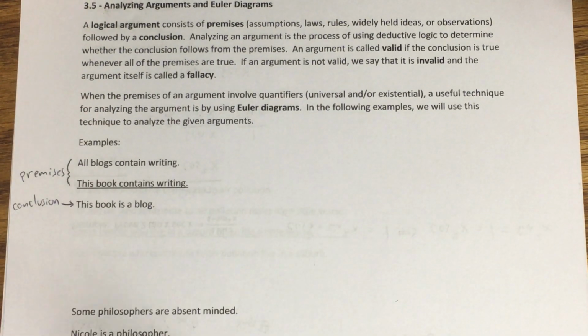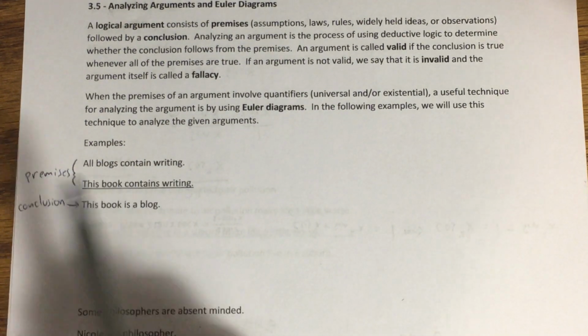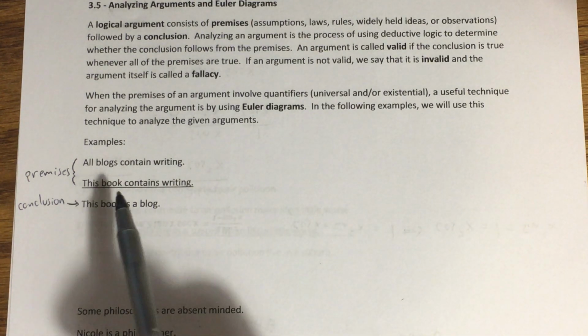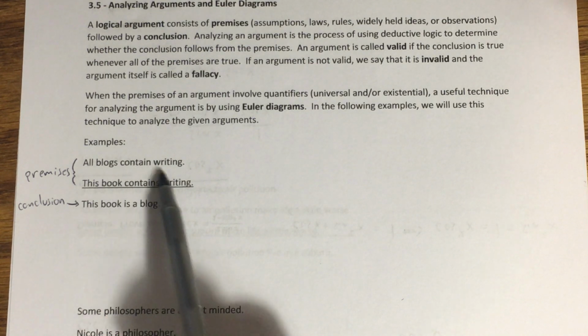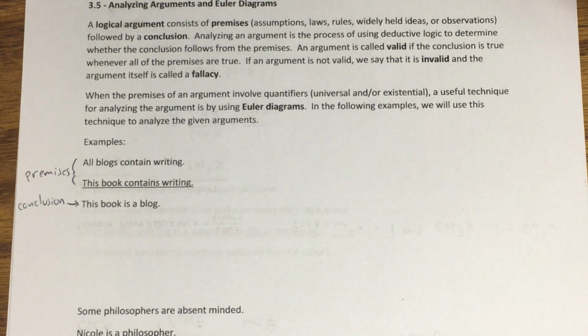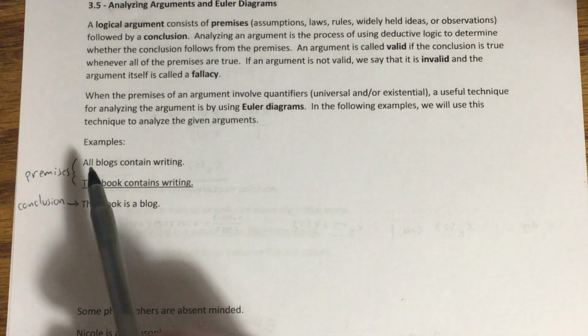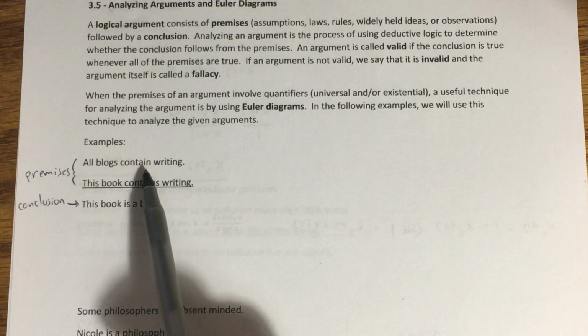Now, this is kind of an important part of analyzing these arguments. These premises don't have to be true in reality. So, for example, if not all blogs do contain writing, if that's something that's not actually true in reality, maybe somebody started a blog and never typed anything in it. So maybe there exists a blog out there somewhere that does not contain writing.